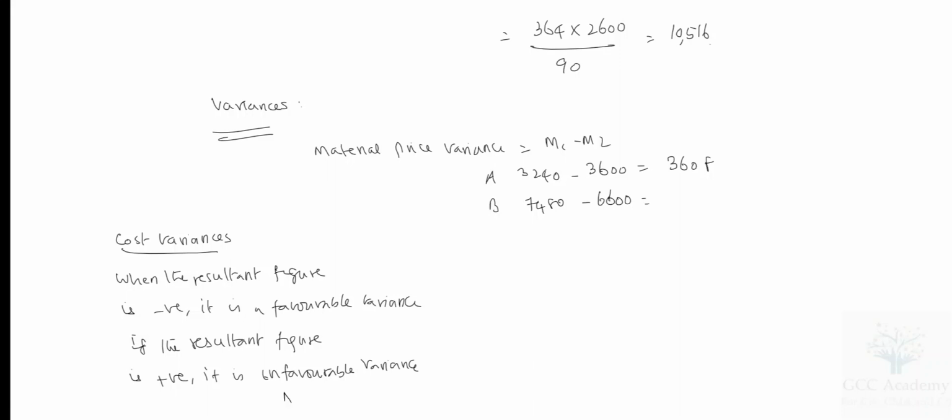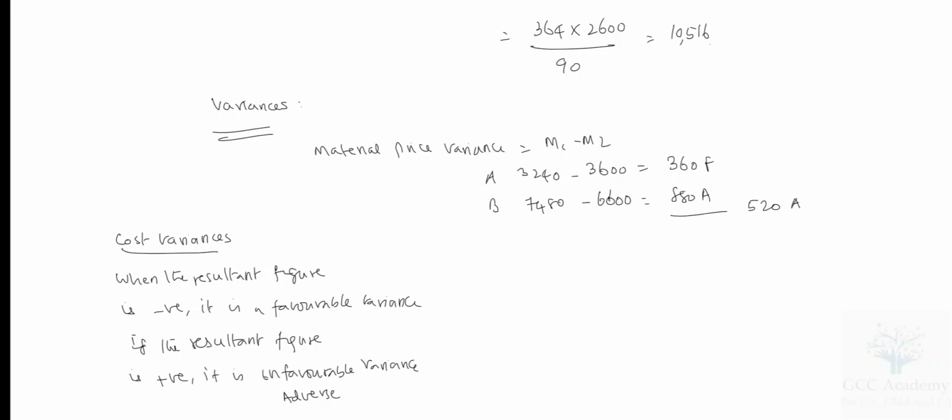You can call this adverse also. Unfavorable balance can also be called adverse variance. So this is going to give you 7,480 minus 6,880, adverse variance. So net is 520 adverse. Very, very important. You have to net it off actually. So material price variance, we got the answer now.